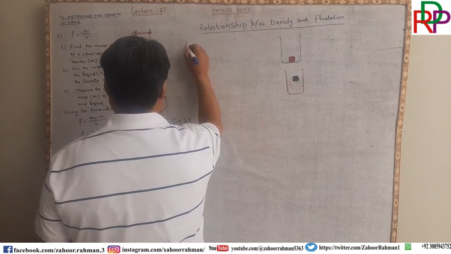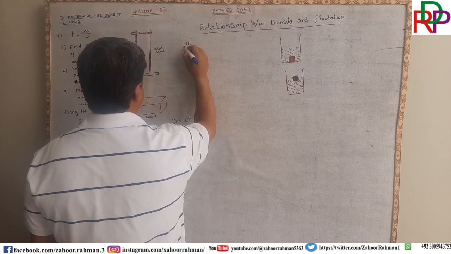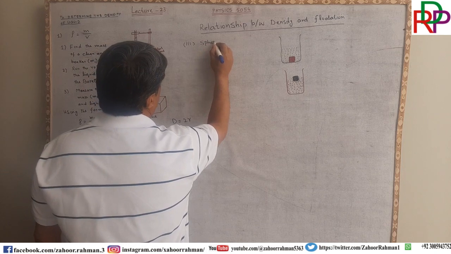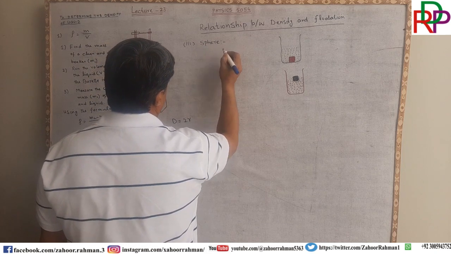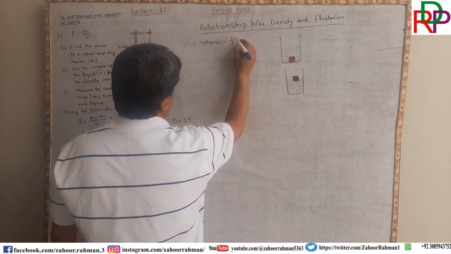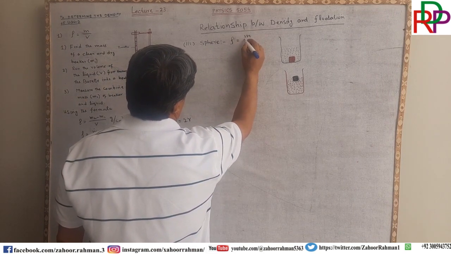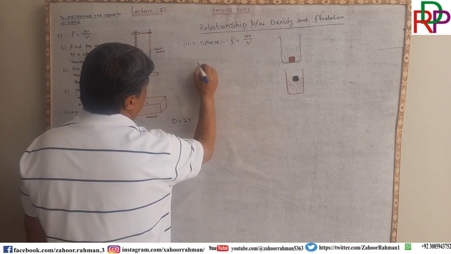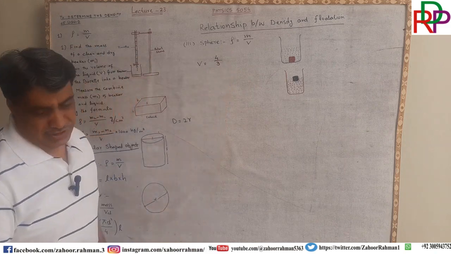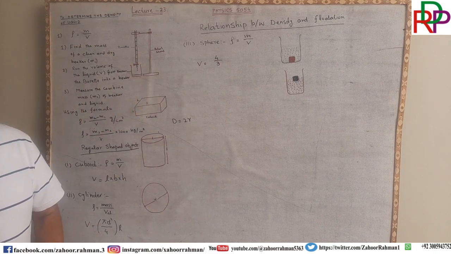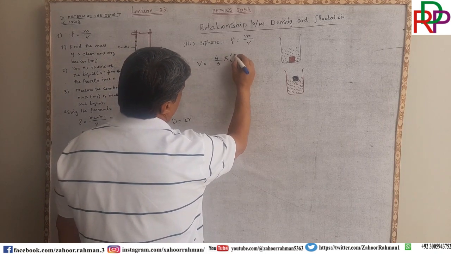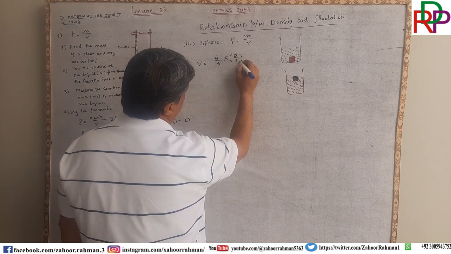The third one is of the sphere. How to find the density of a sphere? Again, I will write a formula: m divided by v, and the volume of the sphere is 4 over 3 pi into d divided by 2, whole square.